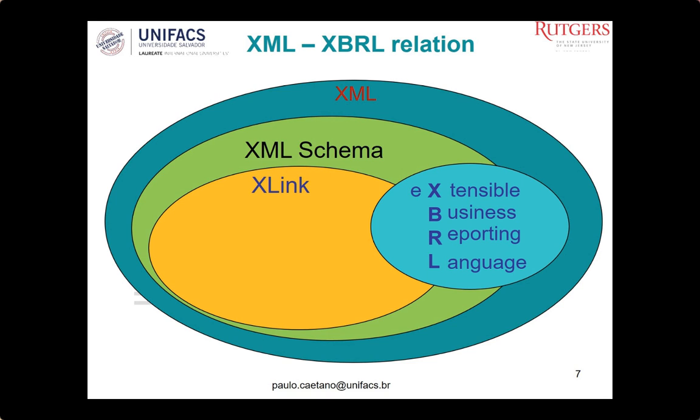Okay? When the web was created, it was basically XML, and there are these two other things, which are the schemas and the links. That's the way the language is specified. Now, XBRL has its own link base and schemas. I'll show how XBRL uses schema and Xlink.